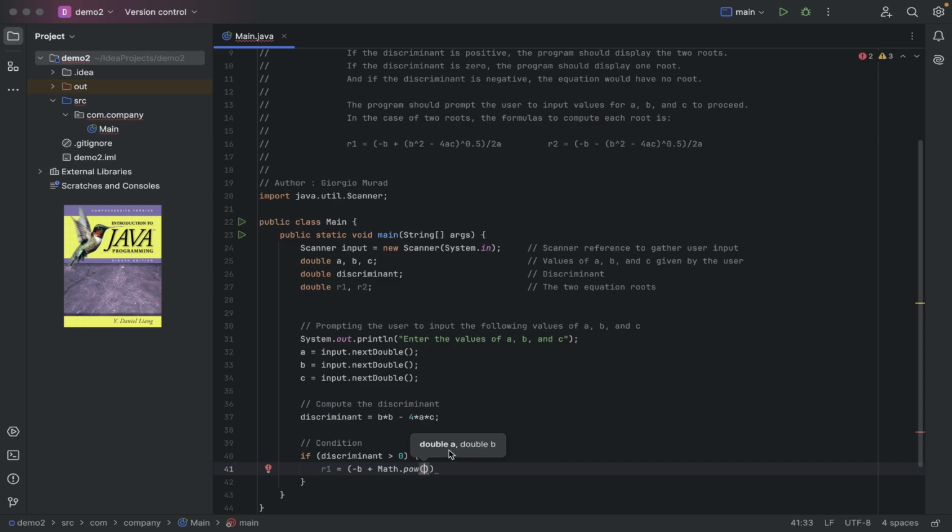So the value of A in here would be the discriminant followed by the exponent value. So here I'm gonna need it as 0.5. So discriminant, exponent 0.5, as if I'm getting the square root of the discriminant.